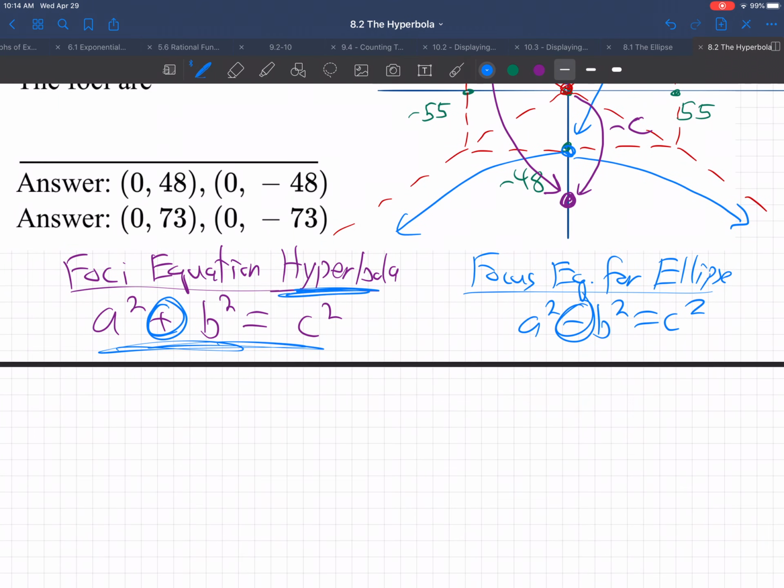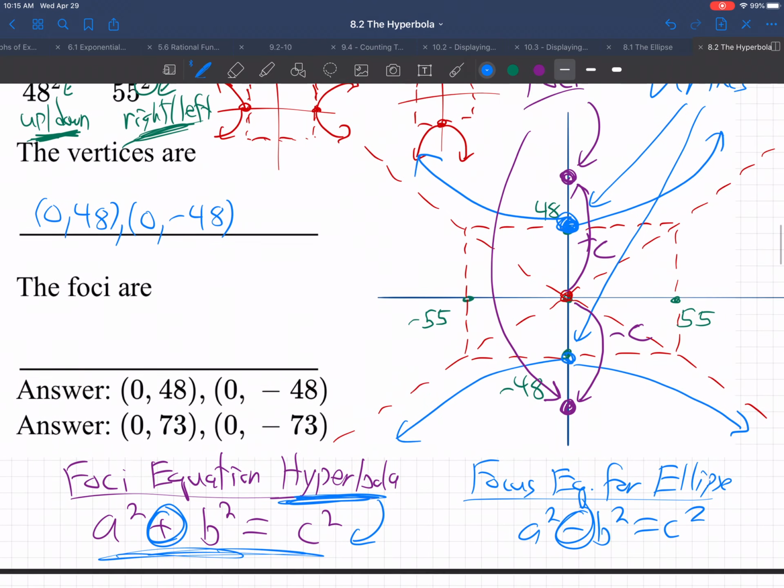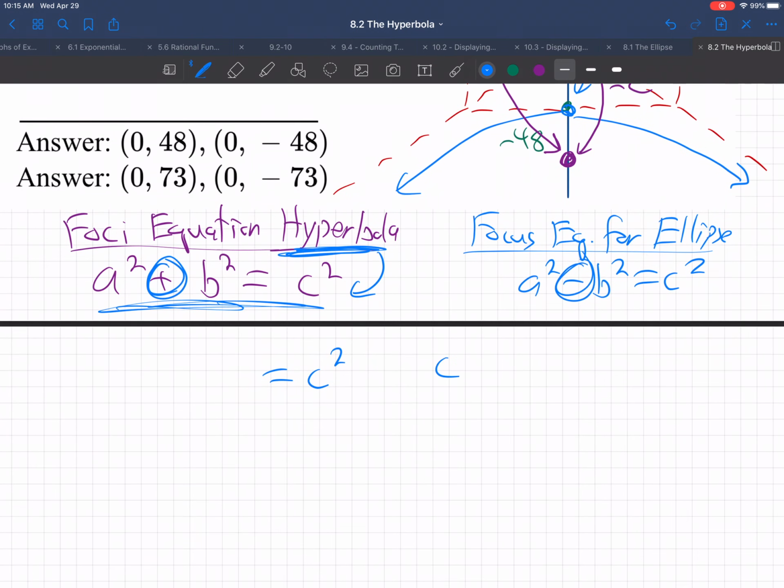Okay, we're doing hyperbola. We're trying to find c. That's what we want to find. c is the distance from the center to the focus points, the same for ellipse and hyperbola.